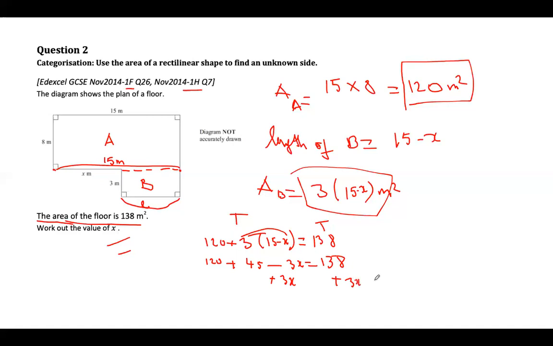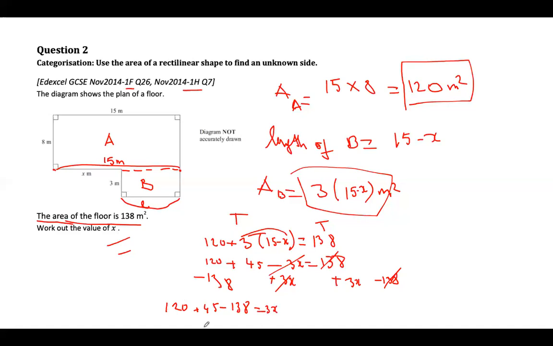So I can take away 138 from the right-hand side and from the left-hand side too. All right, so this is how I get rid of the x's and the 138s on this side. So what do I have now? On the left-hand side, I have 120 plus 45 minus 138 equals 3x, all right?